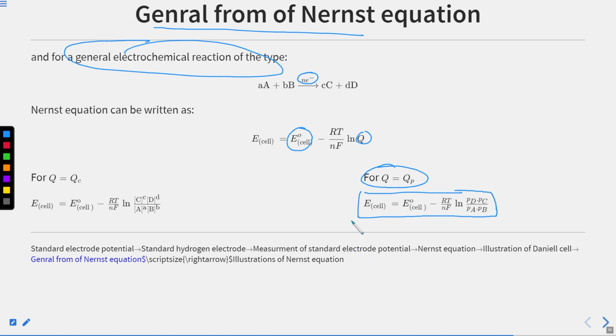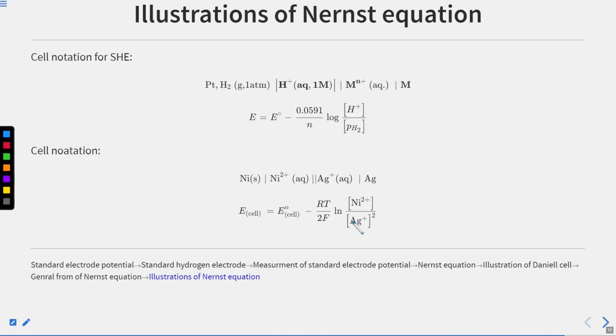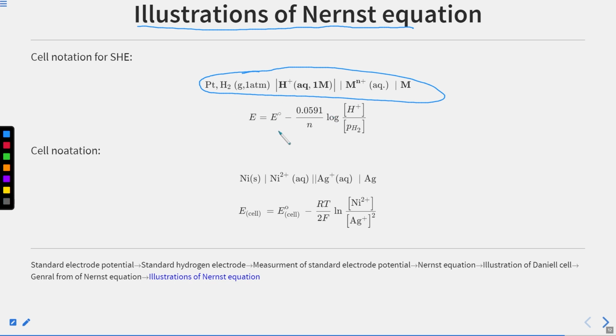Okay, so we have written this. Now we are left with how we can apply this Nernst equation. In the exam we are often given a cell representation and asked to calculate this E cell. So how will we do it? I have explained how to read the cell notation.